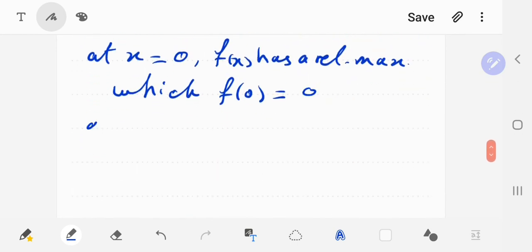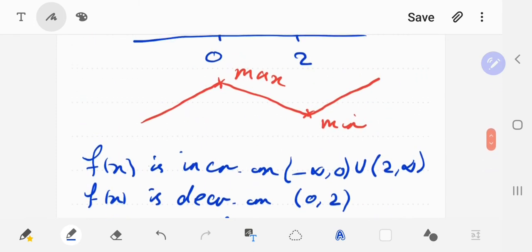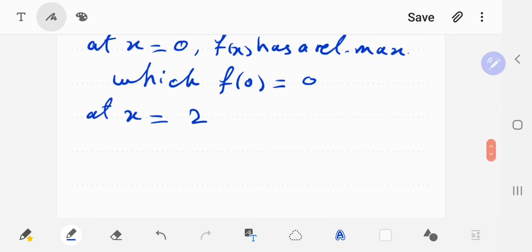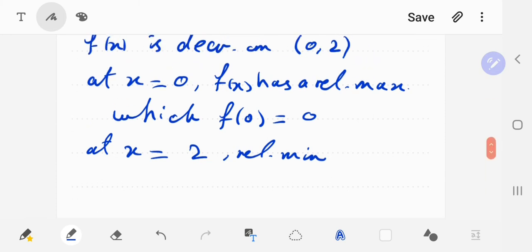And of course, at x equals 2, we have a minimum value. Again, it's a relative minimum. All extreme values are relative, actually, except if we are certain that this is the maximum, the top one, the biggest one, the greatest value, or the lowest value.